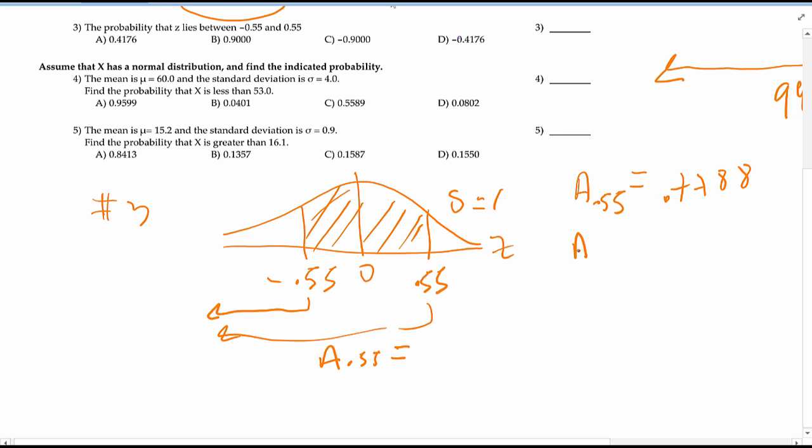The area below negative 0.55, which is this tail, I need to subtract from the area below 0.55, which is all this, to get the area that I want. I have to read that in the negative table.